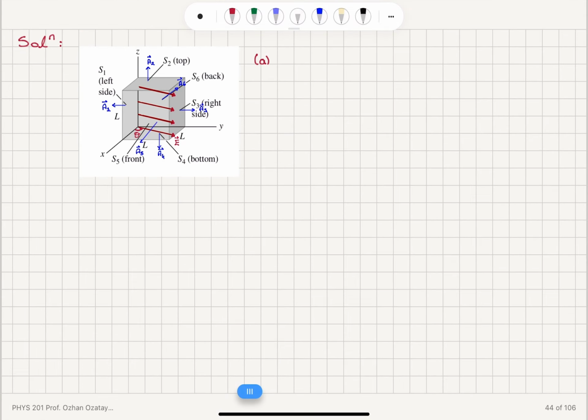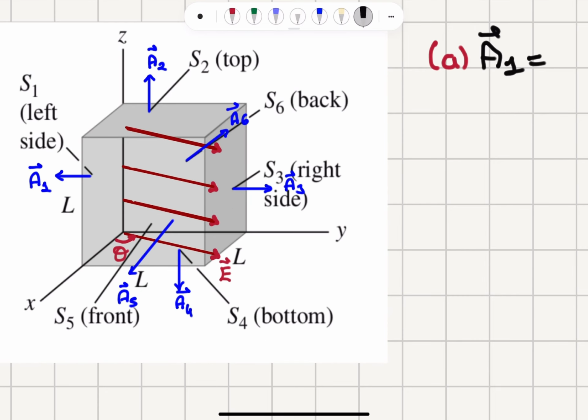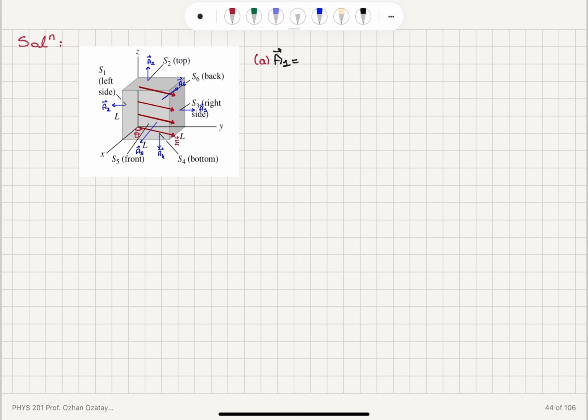So if I look at these area vectors, the A1 area vector is this one, so that's pointing in the minus j hat direction. So the area is L squared, so it's going to be minus L squared j hat.